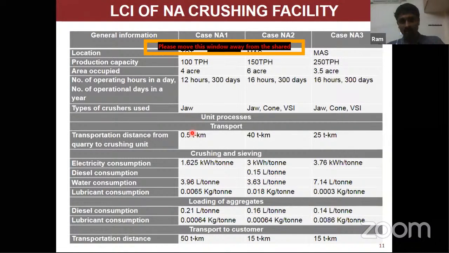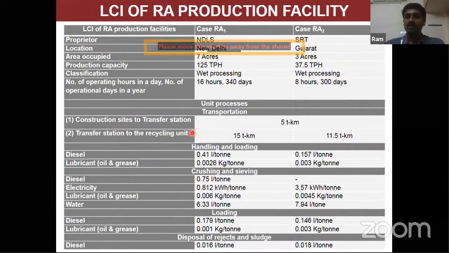Similarly, at the crushing facility of the natural aggregate, we have taken 3 different facilities and quantified the resources consumed in each of the unit processes involved. Similarly, for the recycled aggregate, we have taken 2 different facilities of 2 different capacities in different locations. We also quantified the resources consumed in each of the unit processes. So that's the data that we are looking at.